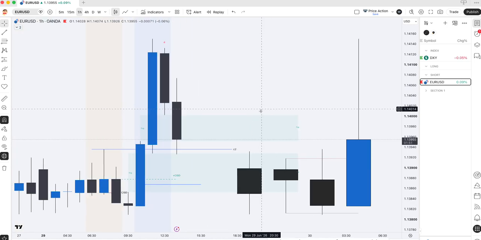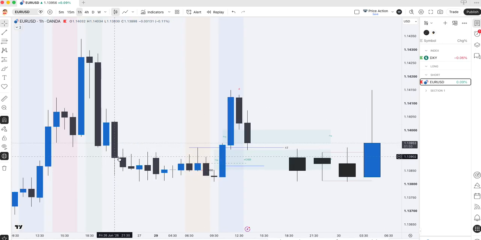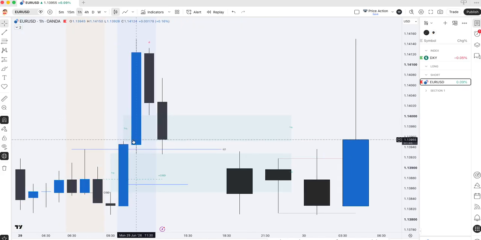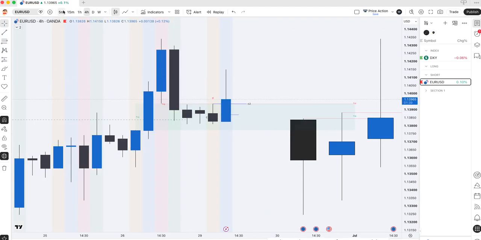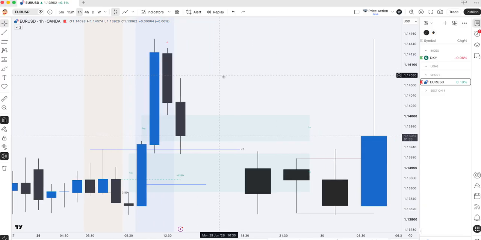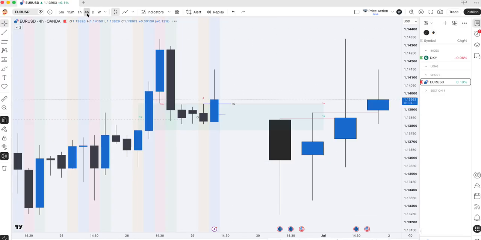If I look at hourly, all I can see is price refused to go below, broke the structure to the upside, price is into an FVG, and will continue going to the upside. It's not bearish enough for me. Everything points kind of bullish, even though this candle is like this, and it's 1.5 minutes left.